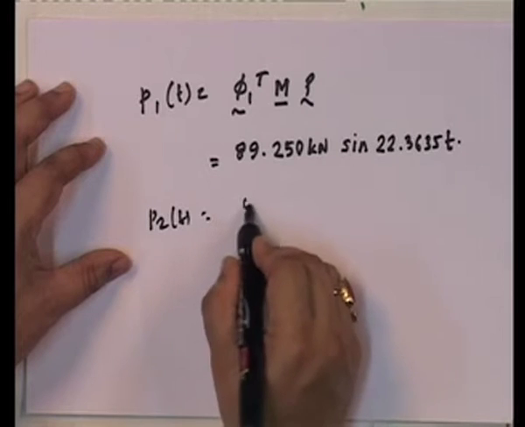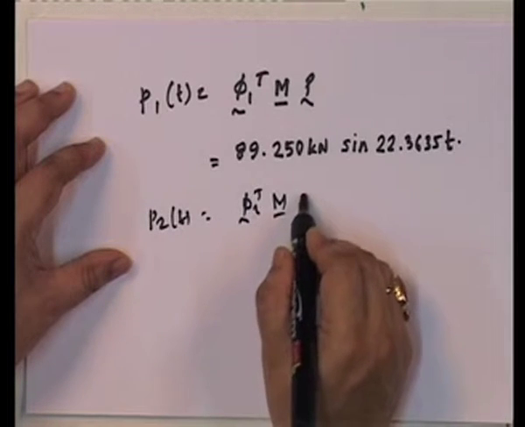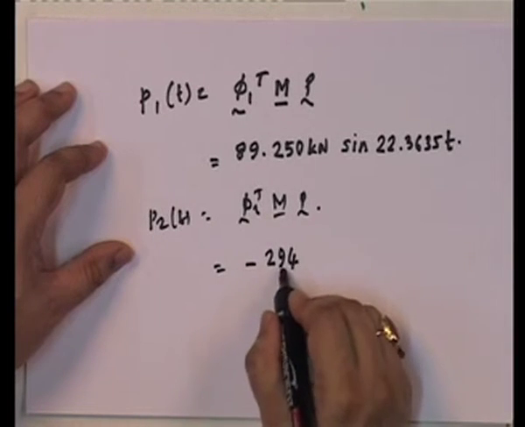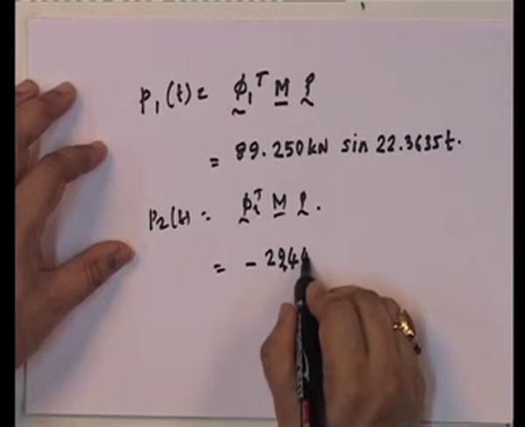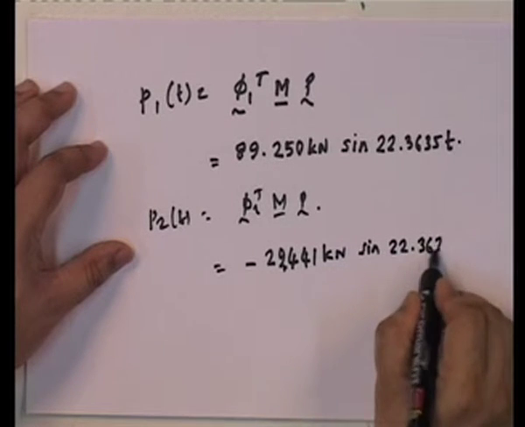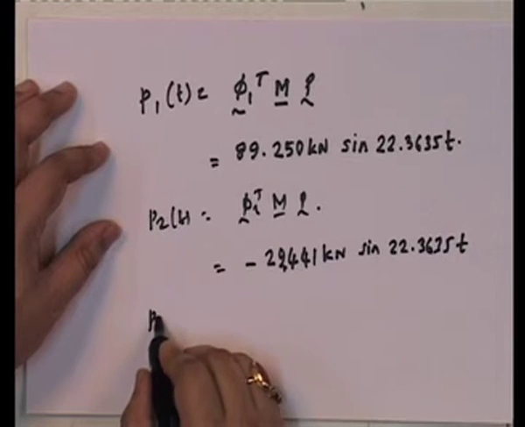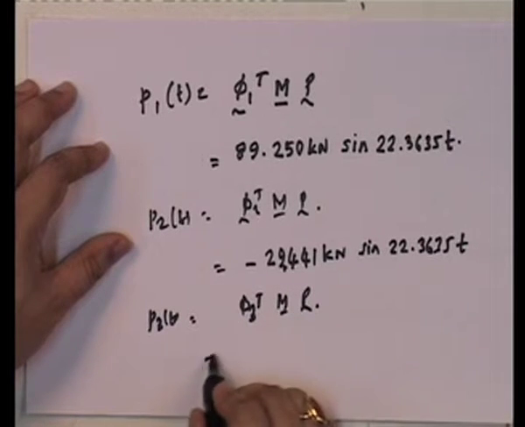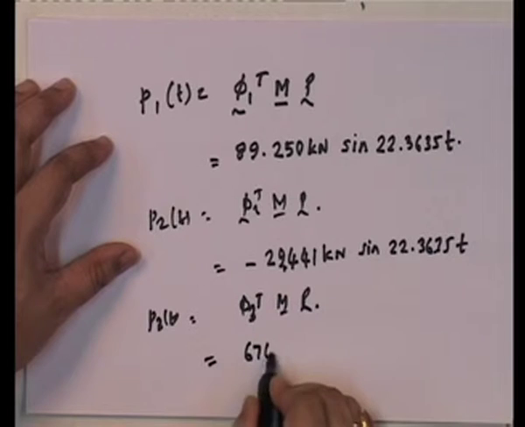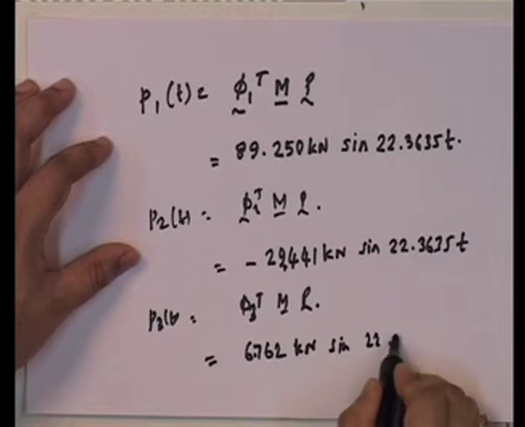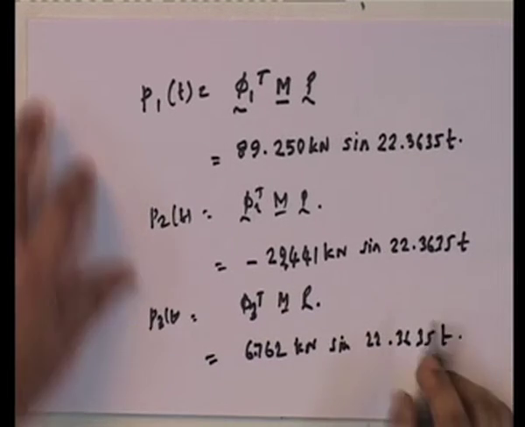P2 is equal to phi 2 transpose M P, and that is equal to minus 2.441 kilonewton sine 0.365t. P3 is phi 3 transpose M P, which is equal to 6.762 kilonewtons sine 22.3635t.